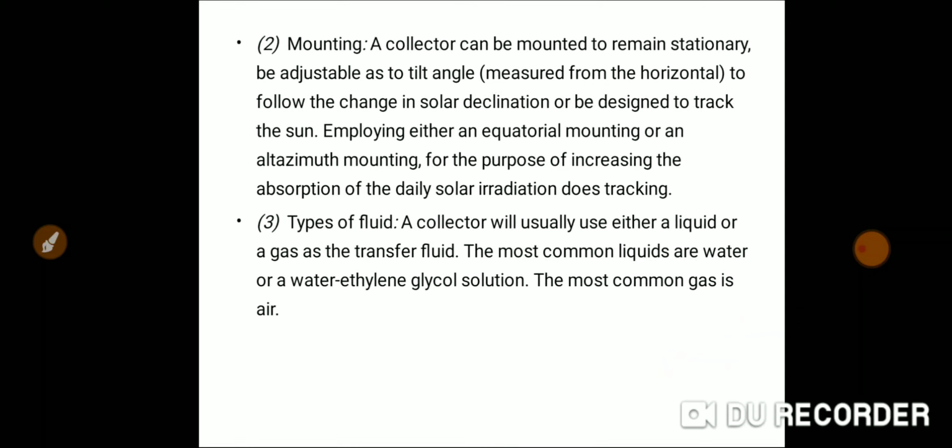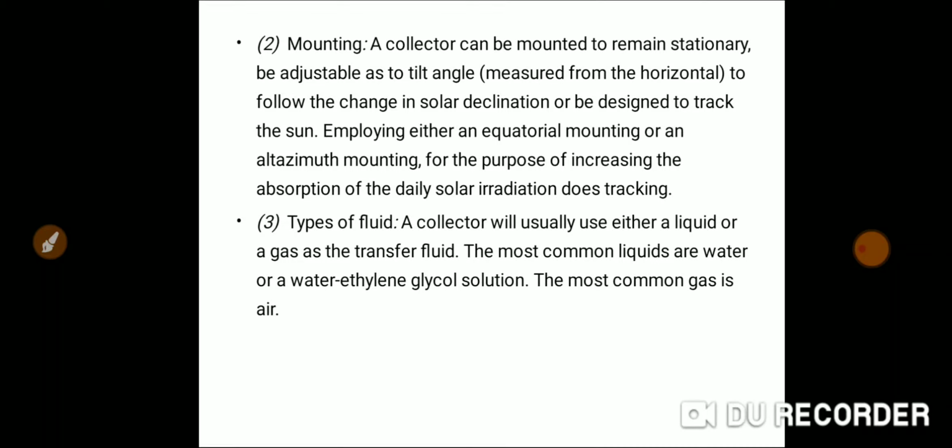Means a solar collector. The direction of the sun changes throughout a day, so it is necessary to keep the face of the collector just in front of solar radiation.